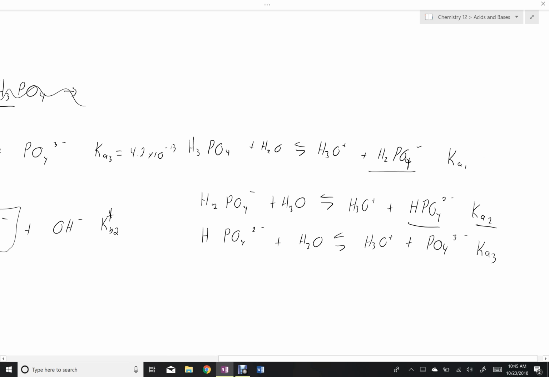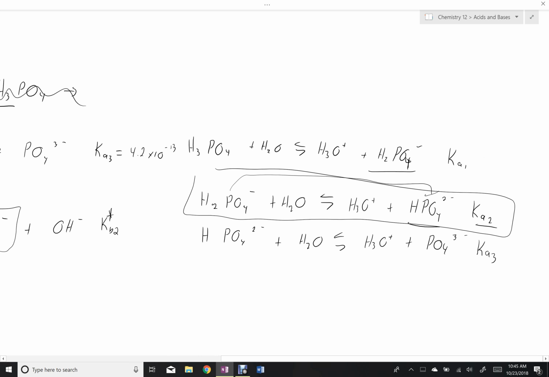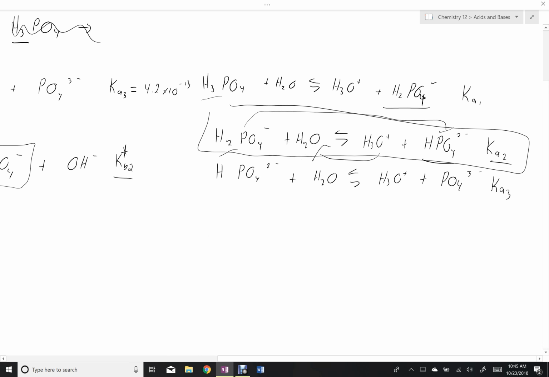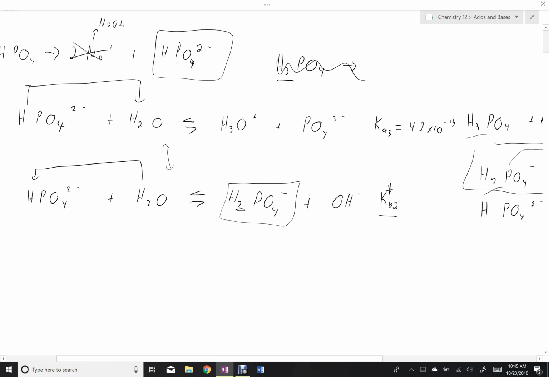It's the conjugate of this reaction right here: H2PO4 going to HPO4. This was proton 1, so this is proton 2. Since I'm dealing with the reverse of this reaction, I'm dealing with the conjugate Kb2.